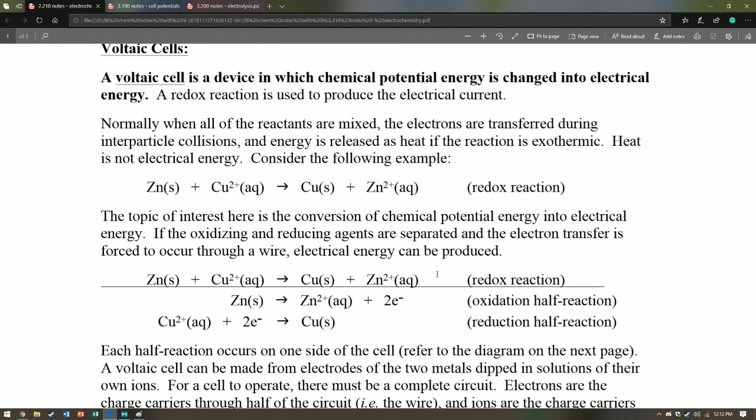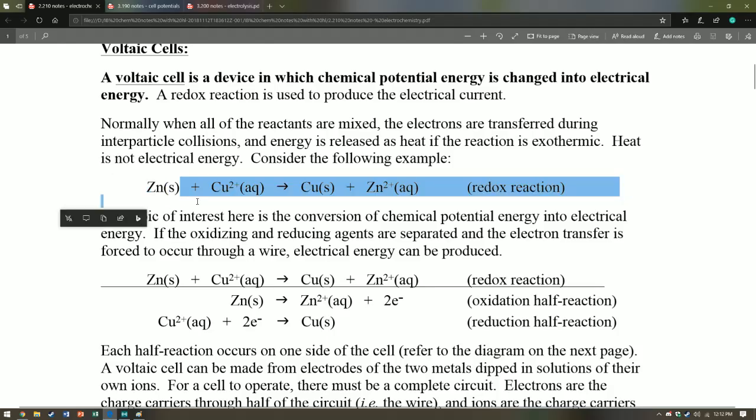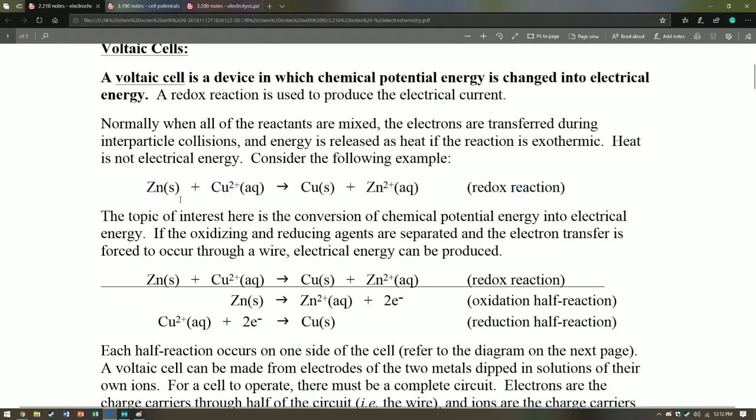Now, in the real world, say a zinc atom collides with the electrode at its end, and it collides so fast that it transfers two electrons to the electrode, and it leaves off as an ion.